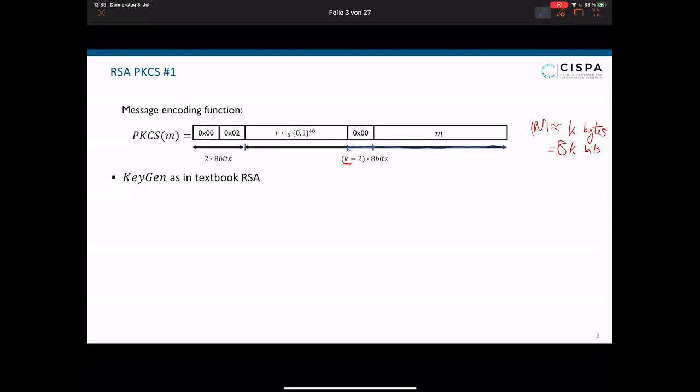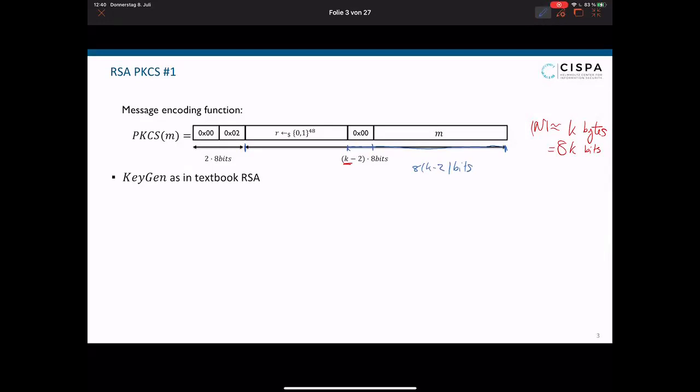So here we have this randomness, but the point of all this together will be that this encoding, randomness in the somewhat high order bits and the message followed in the somewhat low order bits, will be a bit string of length 8k minus 2 bits.